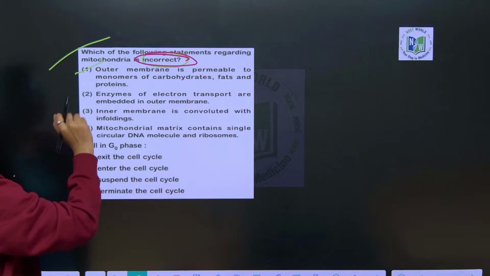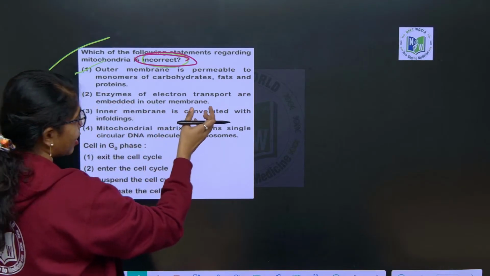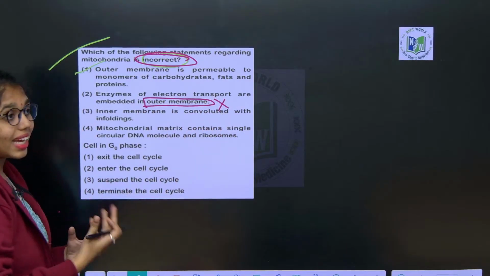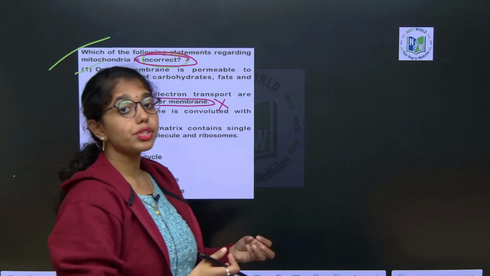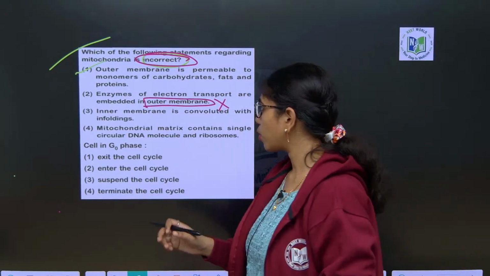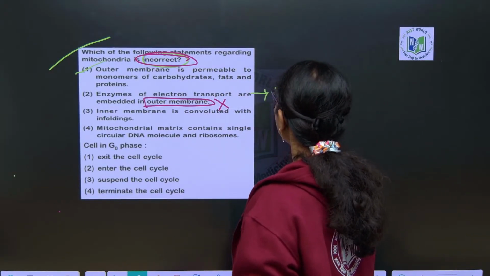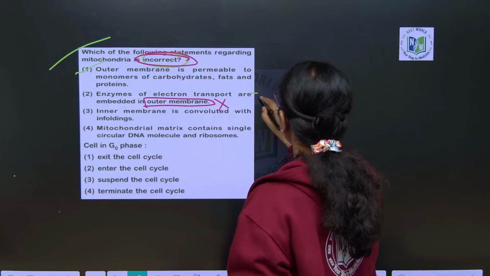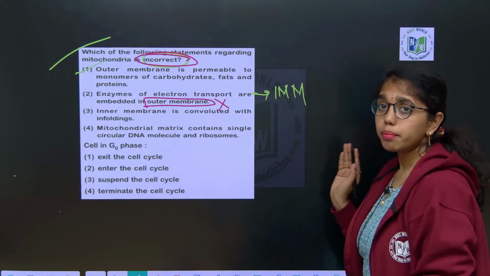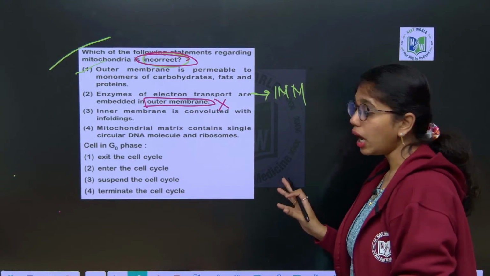True. Enzymes of electron transport are embedded in outer membrane. Wrong. All the enzymes, electron carriers, channels, complexes, whichever are required for electron transport are embedded in inner mitochondrial membrane. They are embedded in what? Inner mitochondrial membrane, not on the outer membrane.